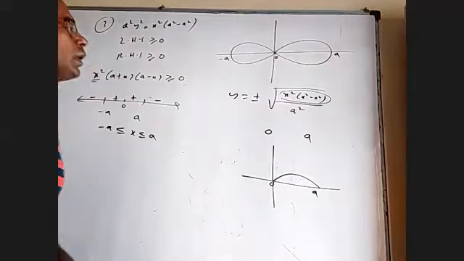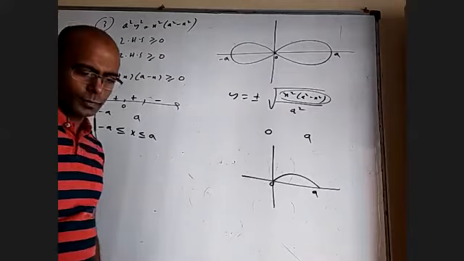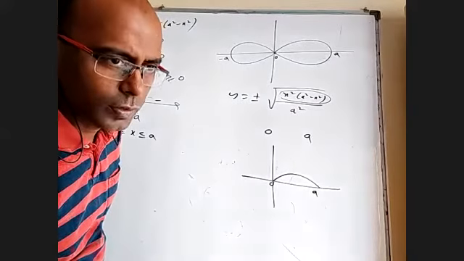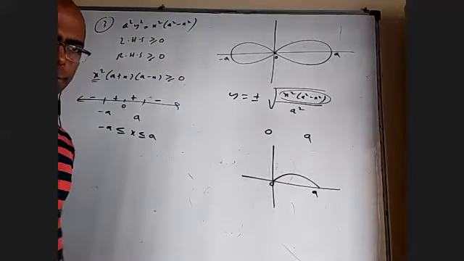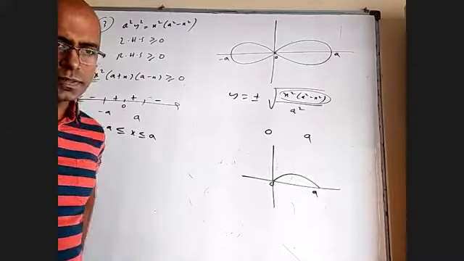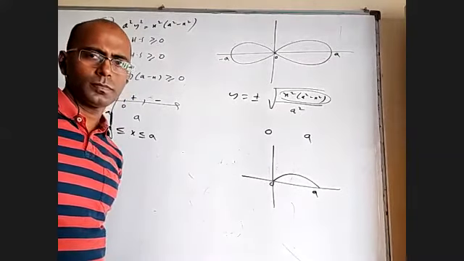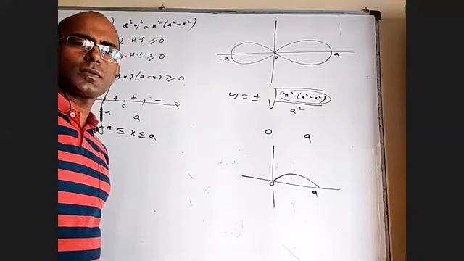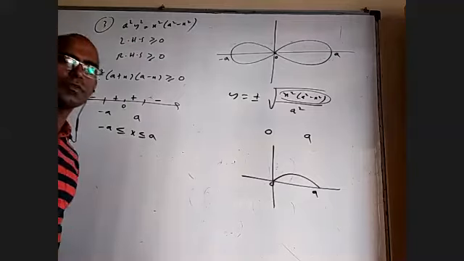Okay. Now, if you replace x with minus x, no change here, right? In any curve, when you replace x with minus x, no change means what does it mean? The graph is symmetrical about the y-axis.